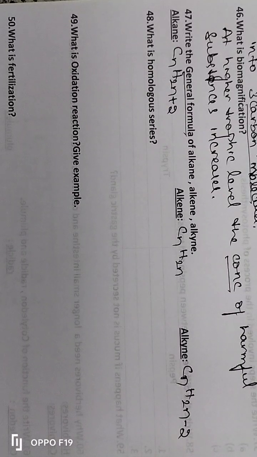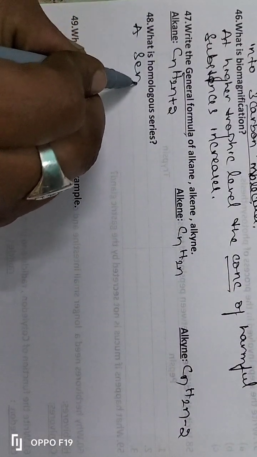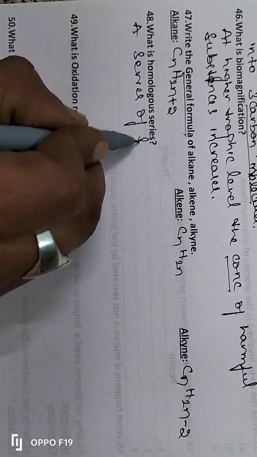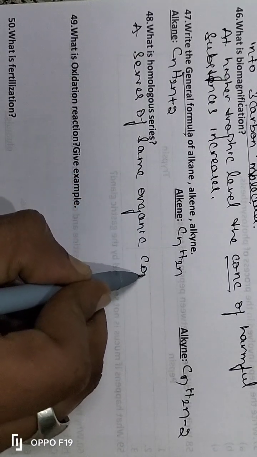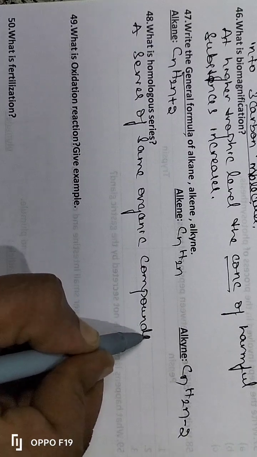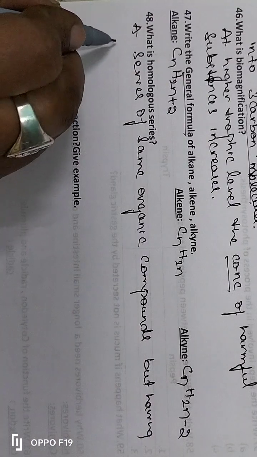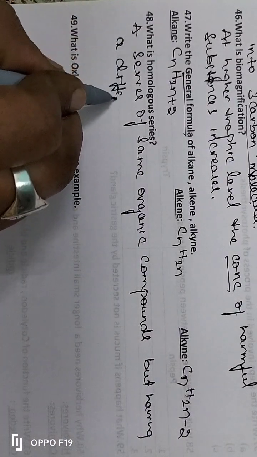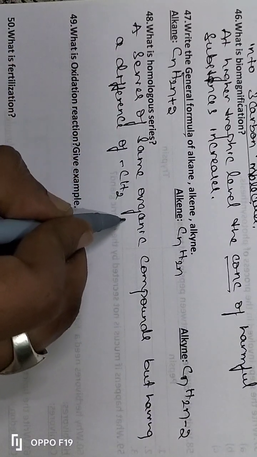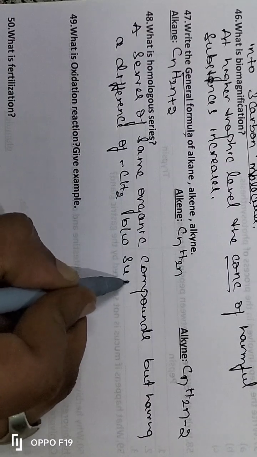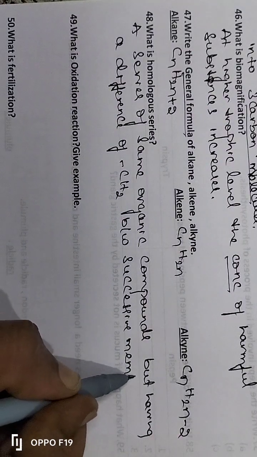So what is meant by homologous series? Very important for the examination. A homologous series is a series of the same organic compounds but having a difference of CH2 between successive members.